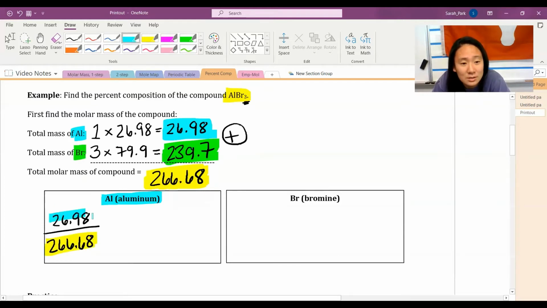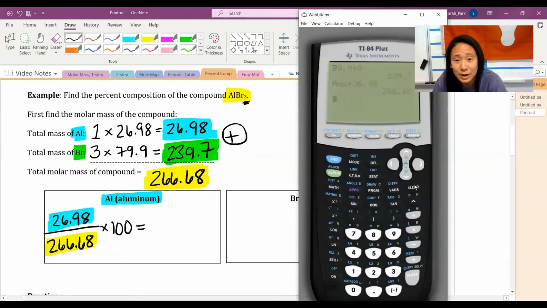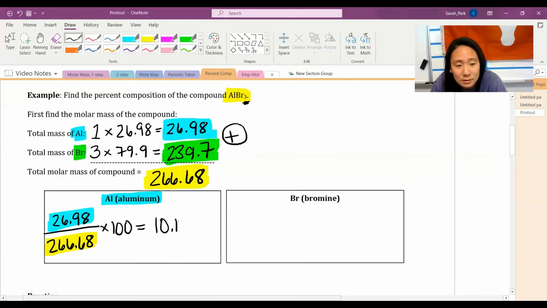This was aluminum, right? We're going to multiply by 100 to get our percent composition. So right here, you would do 26.98 divided by 266.68. You multiply by 100 to get a percent, and we get 10 point, if I rounded it, 12%. It's a very small number, okay?